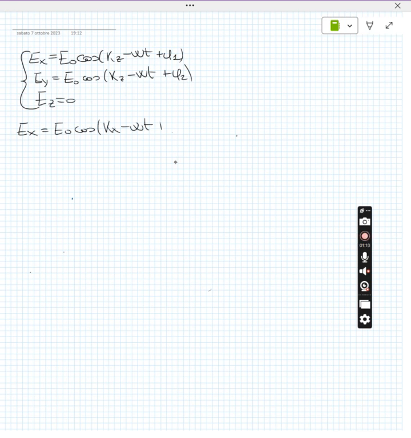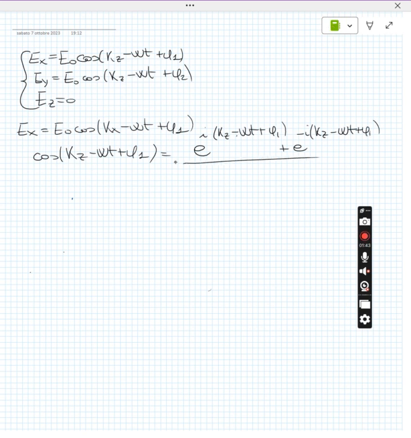We can use complex algebra. So we can take this part, like cos, will be equal to this. So we can rewrite Ax like this.